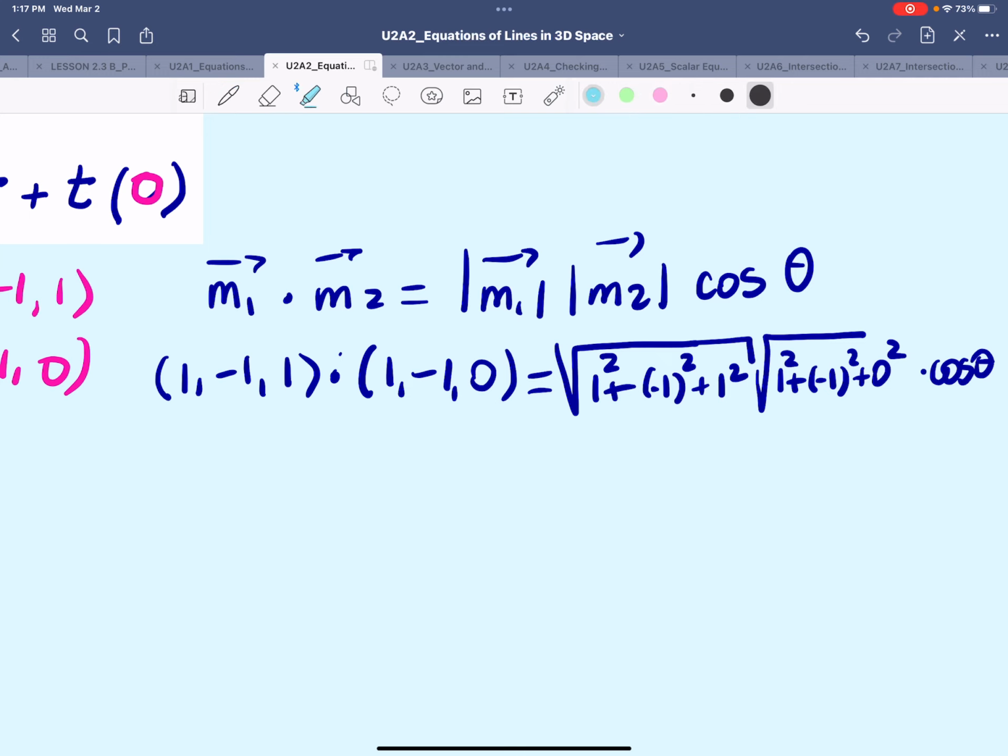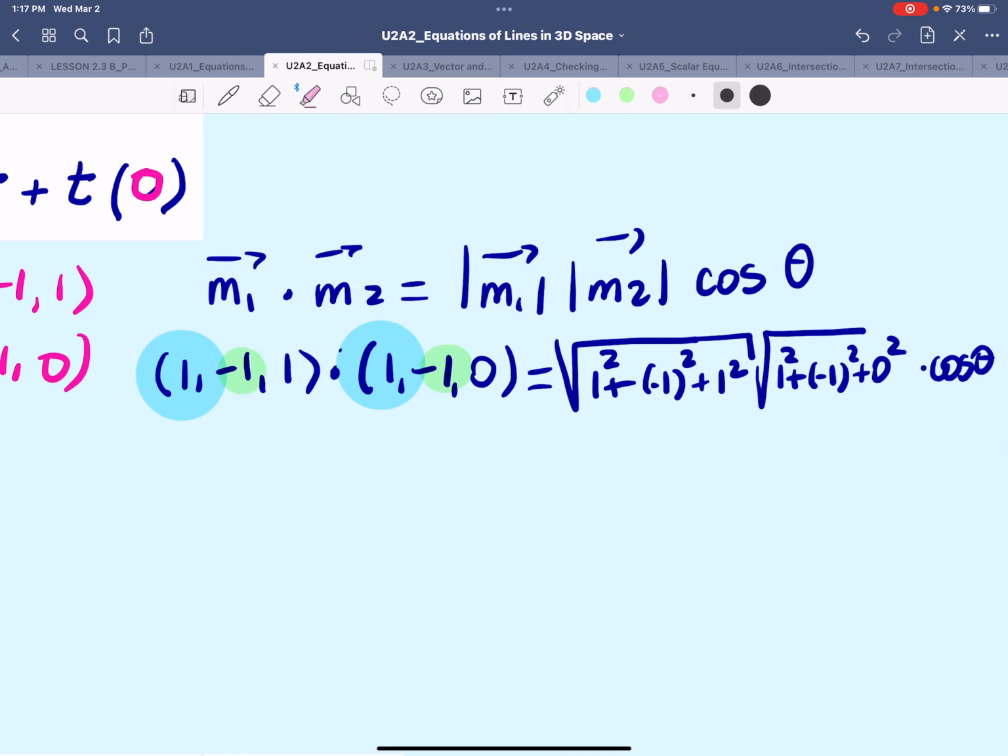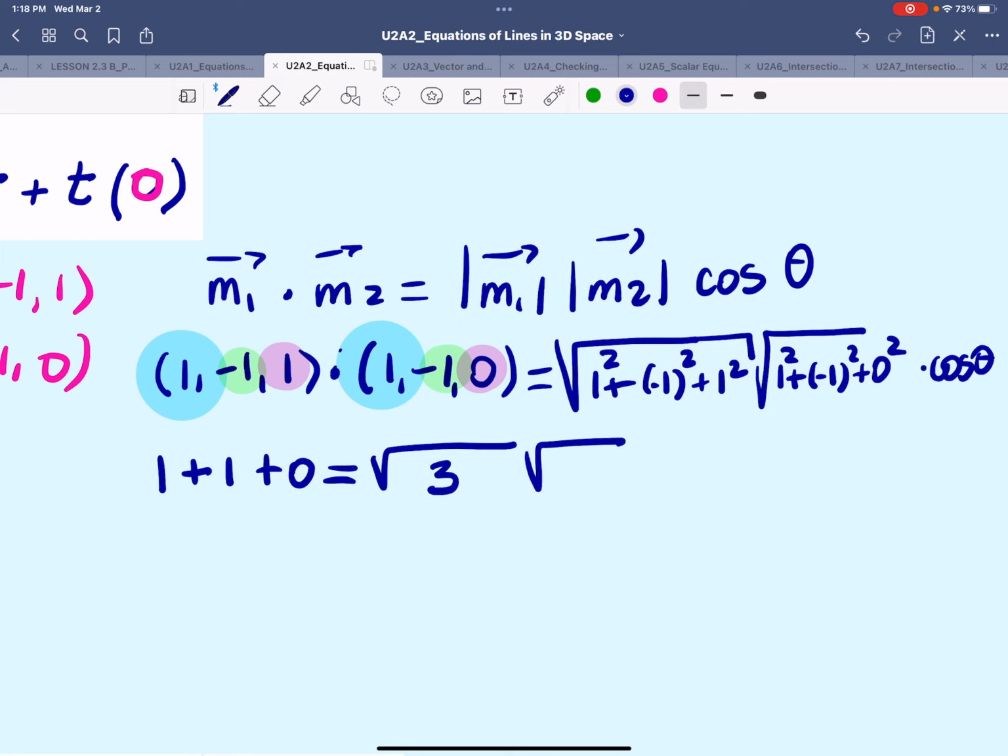So multiply here the x's together and the y's together and the z's together. And we get 1 plus 1 plus 0 equals the square root of 1 plus 1 plus 1, which is 3, multiplied by the square root of 1 plus 1, so that's square root of 2, cos theta. So then we have 2 here. Root 3 times root 2 is root 6, cos theta.